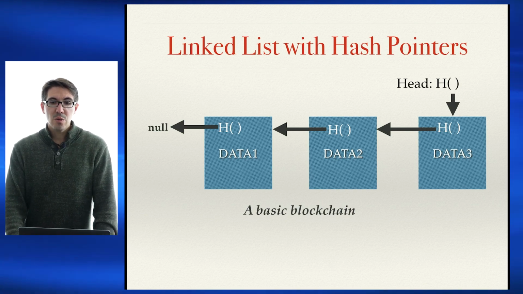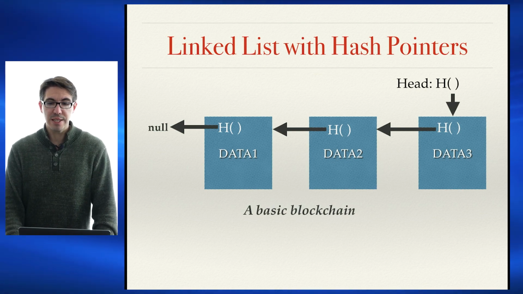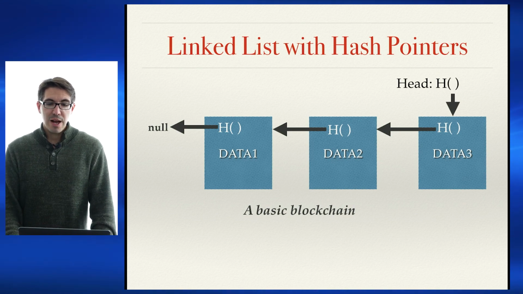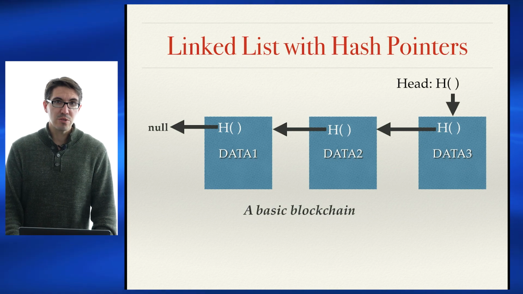So here we can look at the head hash pointer, which points to the head of the linked list. I see that there is data 3 stored there. There is a hash pointer pointing back to the node storing data 2. From there, a hash pointer pointing back to the node storing data 1. And before that, it points to null, indicating the end of the list.